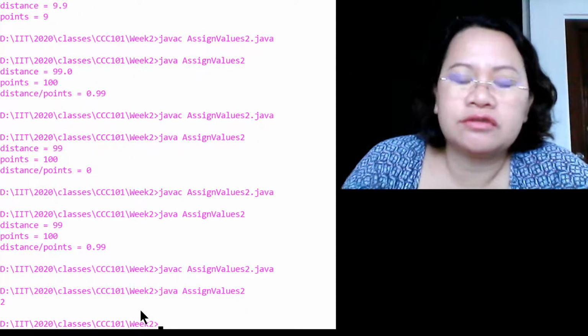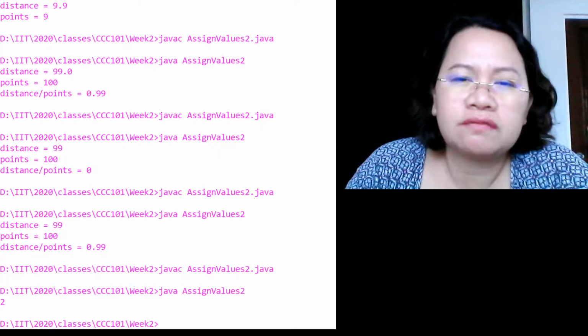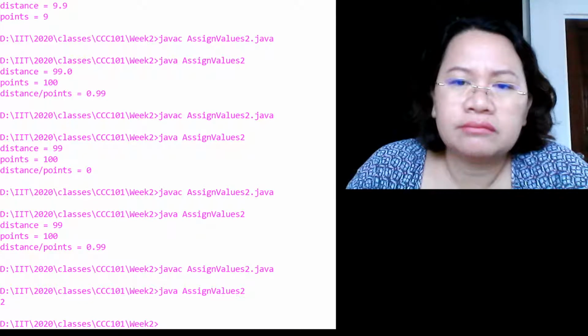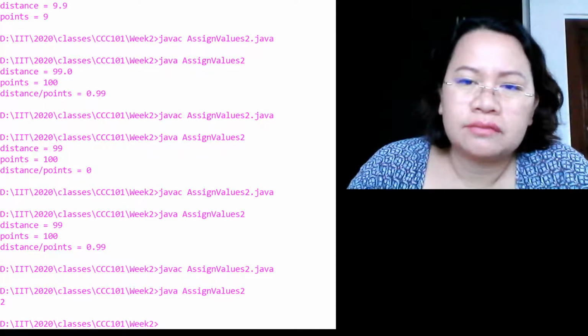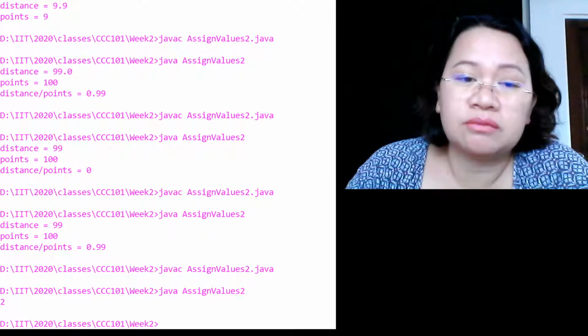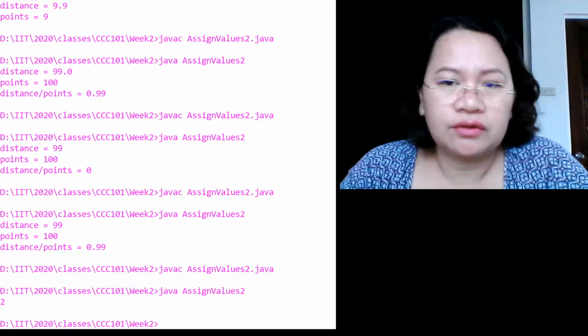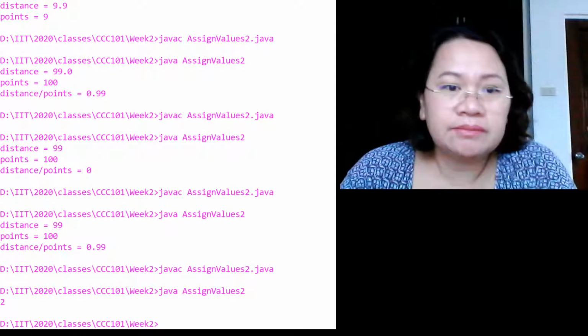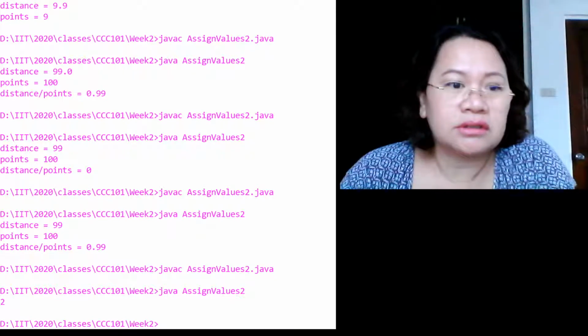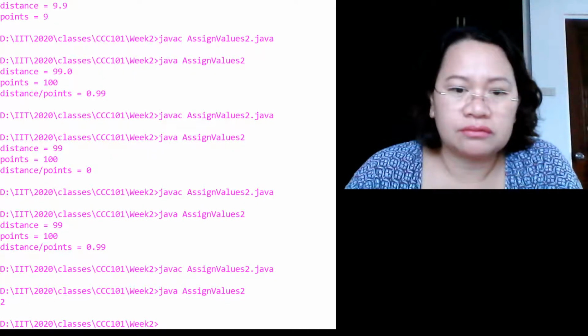No, that's the result. So if you want to know whether something is divisible, is 14 divisible by 4? Since there is a remainder ng 2, that means it is not divisible by 4. Is 14 divisible by 7? Yes, because yung output will be 0.